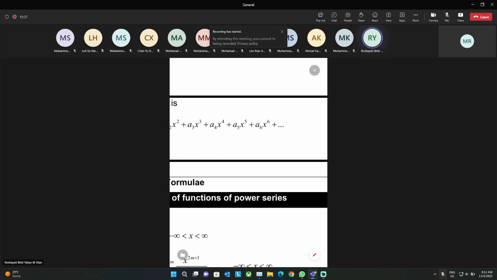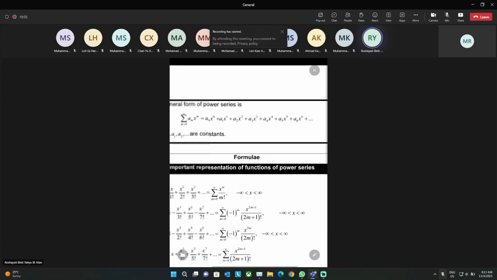Please, for power series, ensure that you write this kind of dot in order to show that it is a series of this a_m x^m. Right? So far, do you have any question?